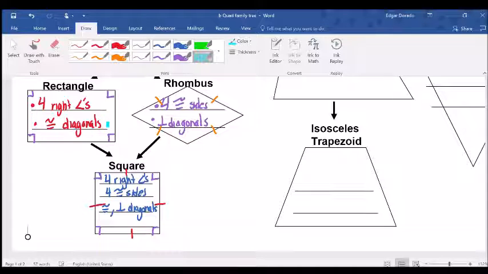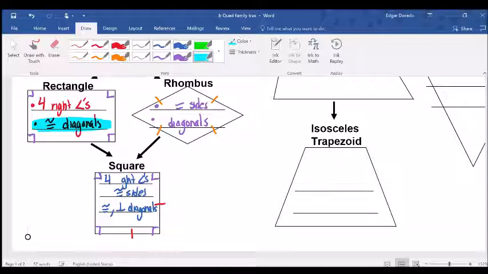We combine this trait here and this trait there to come up with our last trait. It has congruent and perpendicular diagonals. Let me go ahead and erase this real quick.